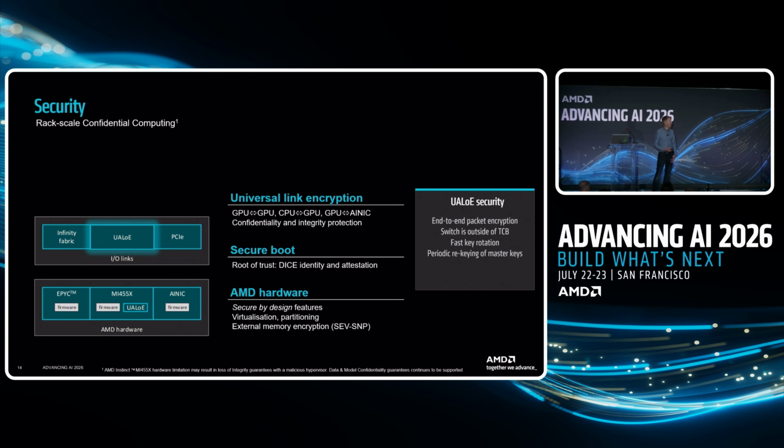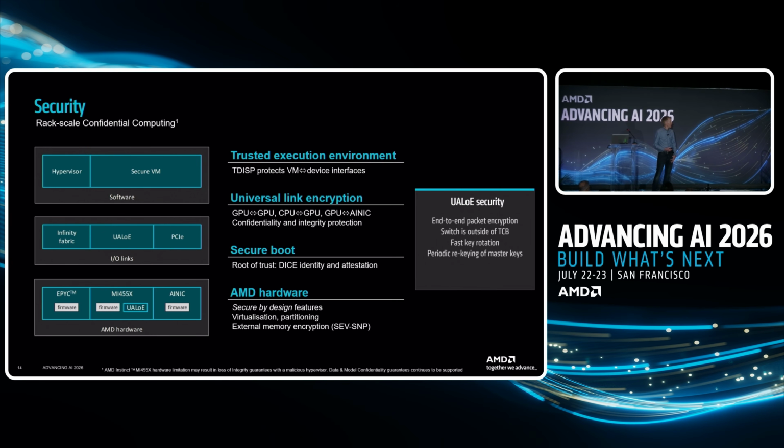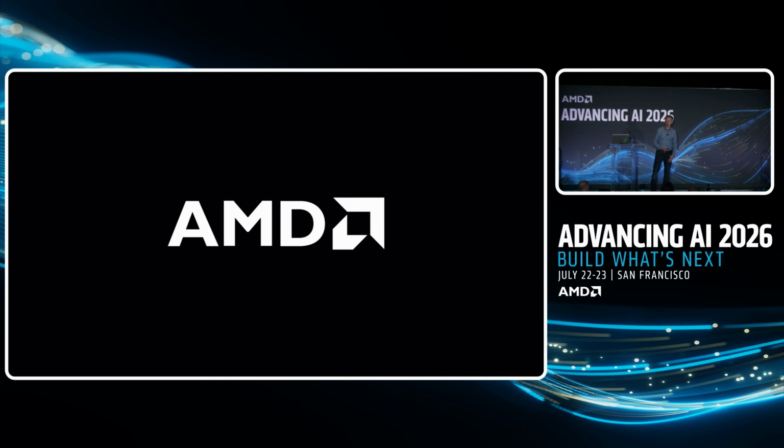I won't talk about the other features. And finally, we use TDISP to secure the interface between the software and the I/O devices. Now, together, all of these things provide a trusted execution environment that allows you to run confidential VMs in a fully secure environment.